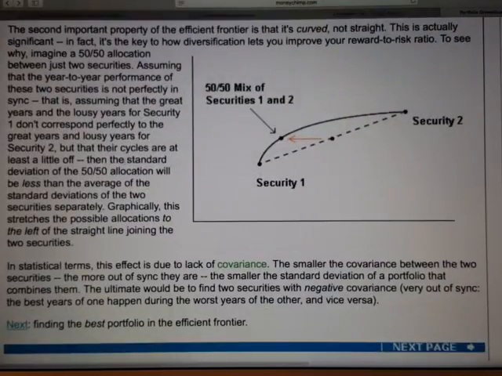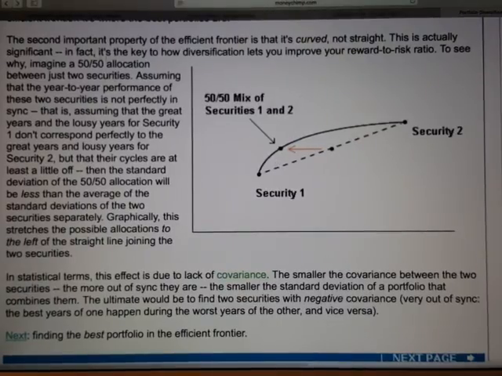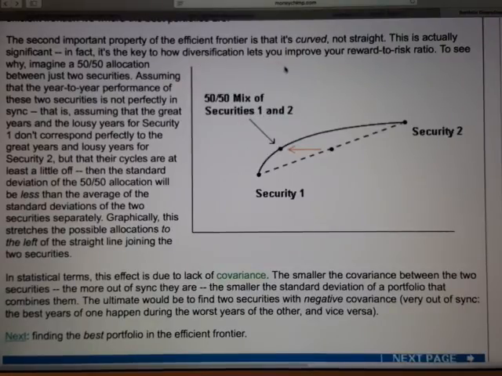So the second property of the efficient frontier is that its curve is not straight. It's actually significant. In fact, this is the key to allow diversification and let you improve the reward to risk ratio, assuming that there are high risk security, high return, low risk security, low return, and if you can get a mix, you get a position somewhere in between here.